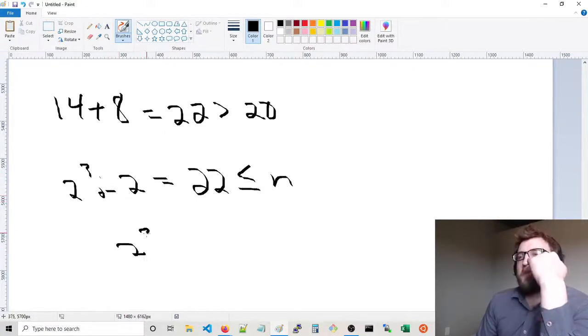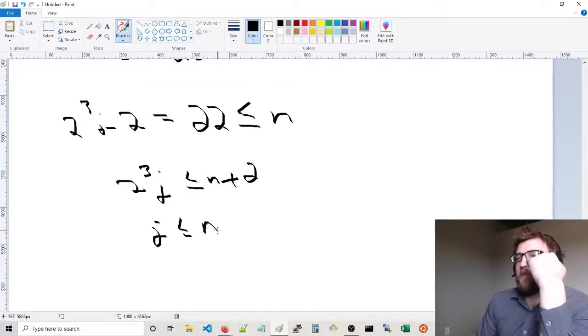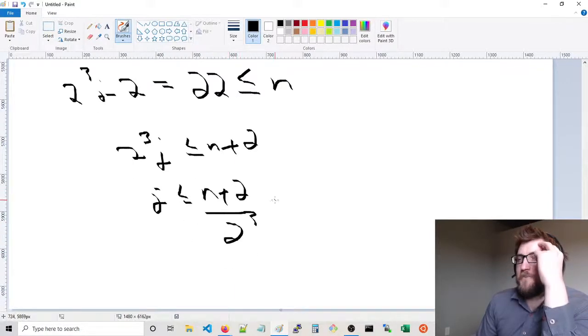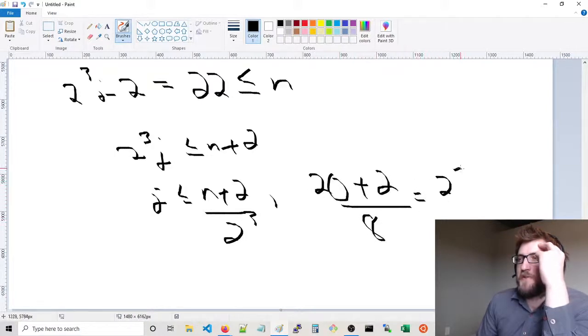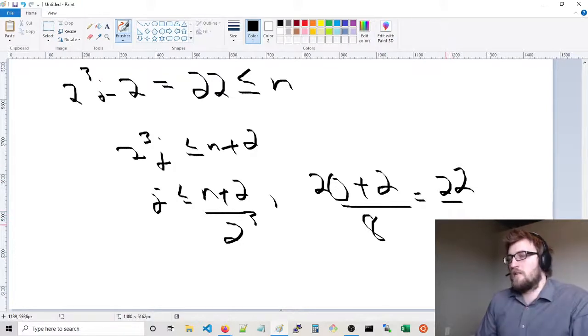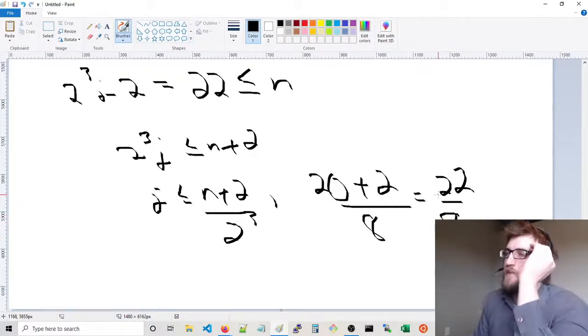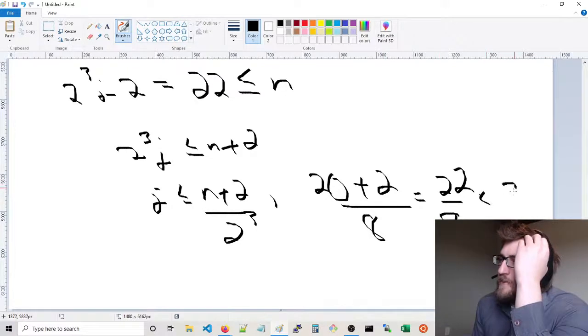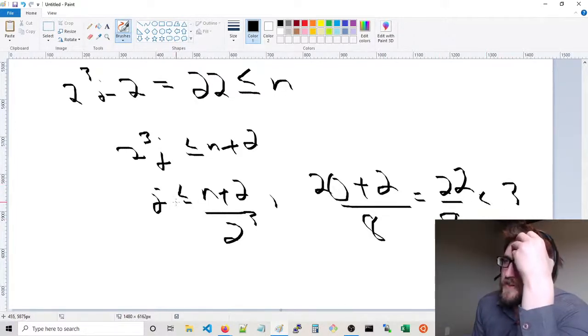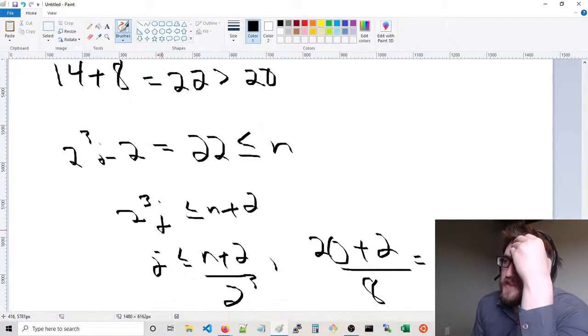Right? So 2 raised to the 3j less than or equal to n plus 2. j less than or equal to n plus 2 over 2 raised to the third. That is to say, you have 20 plus 2 over 8 equals 22 over 8. Right, that does seem to make sense then. That's less than 3.